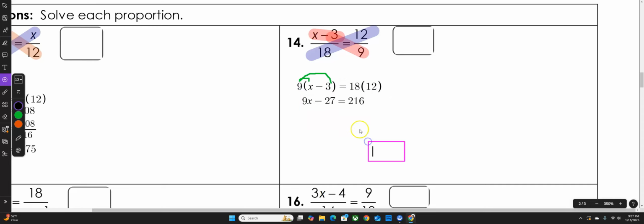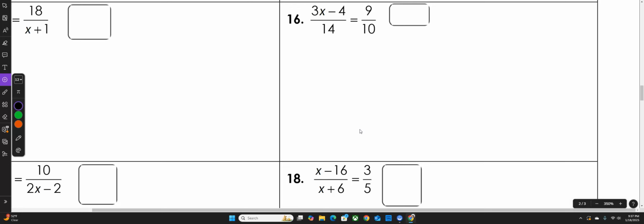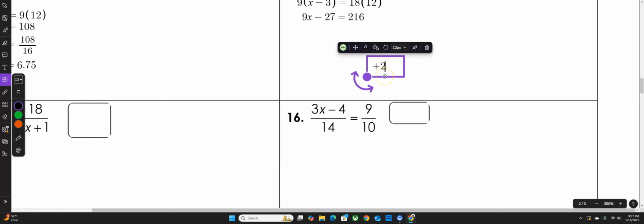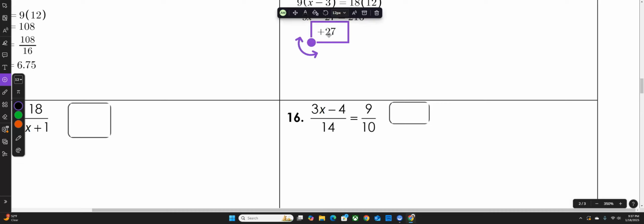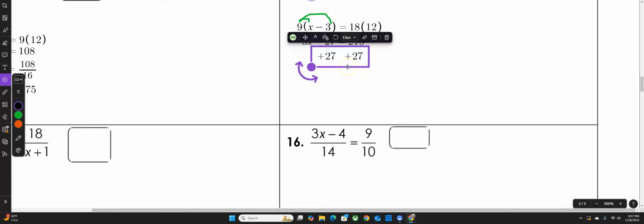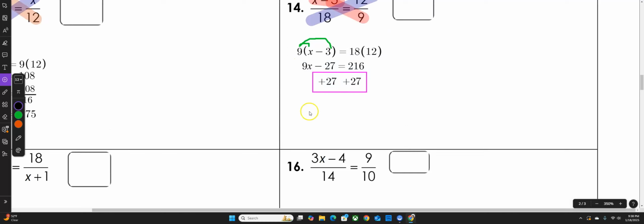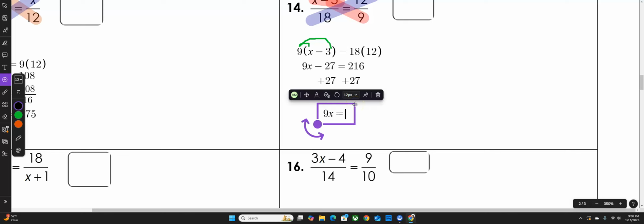We are then going to add 27 to both sides, which will give us that 9x is equal to 243.